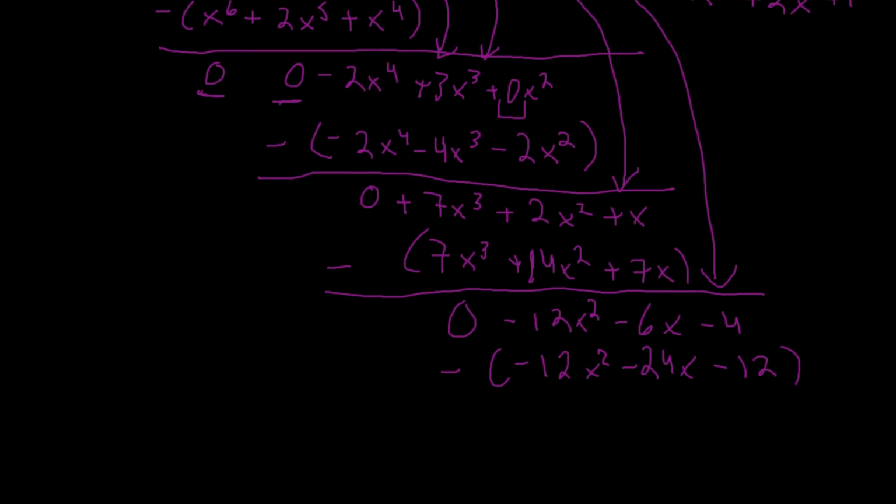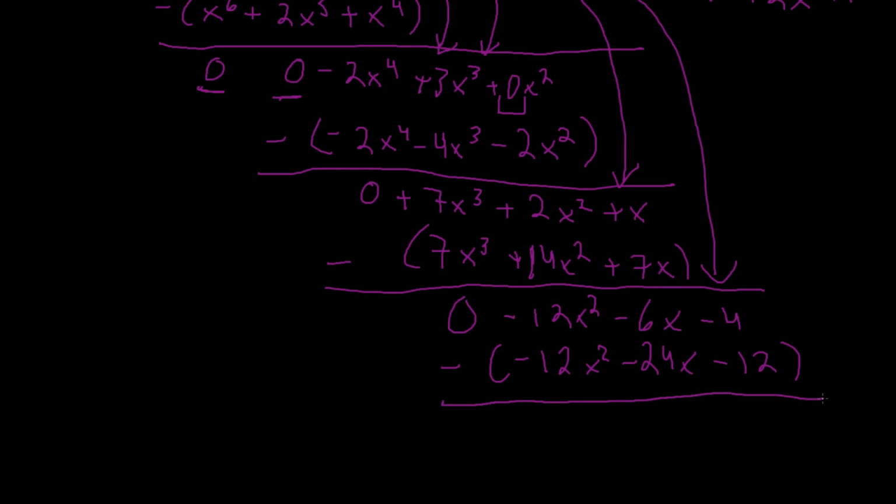We'll scroll down a little bit. And then we have negative 12x squared minus negative 12x squared, so plus 12x squared, is equal to 0. Negative 6x minus negative 24x, so plus 24x, is equal to positive 18x. And then negative 4 minus negative 12, so plus 12, is equal to positive 8.